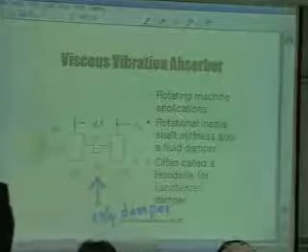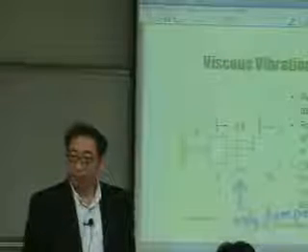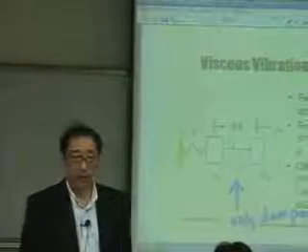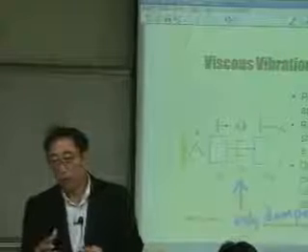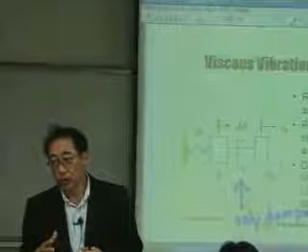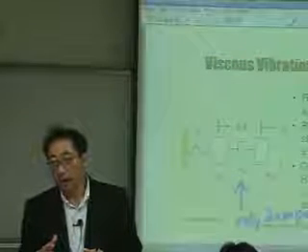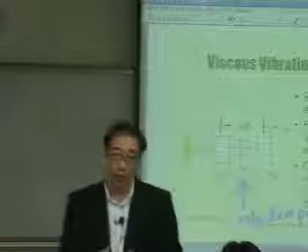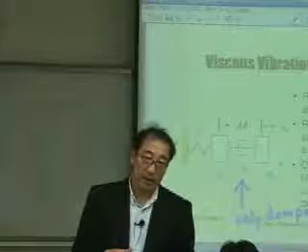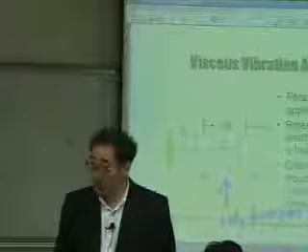For example, when you have a rotating machine, okay, suppose you have a rotating machine, and if you want to reduce vibration of the rotating machine by putting some fluid over there, then the fluid can be modeled as the element that can provide a damper, right?